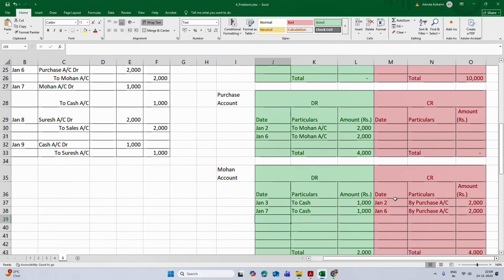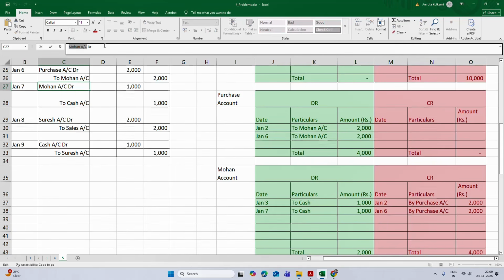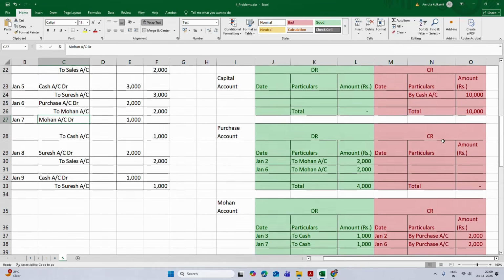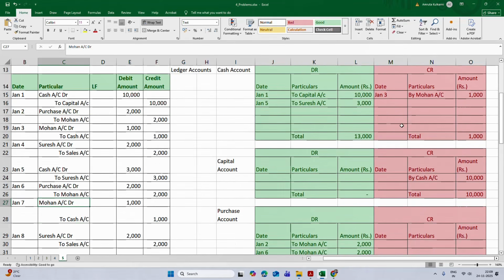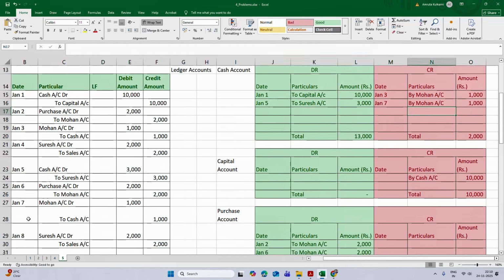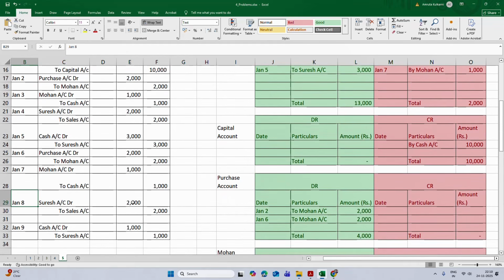Again 1000 rupees, and this cash is being paid by Mohan. So in your cash account, we will have Jan 7. So this by Mohan account, again 1000 rupees. Now on Jan 8, Suresh account is debited to sales account for rupees 2000.